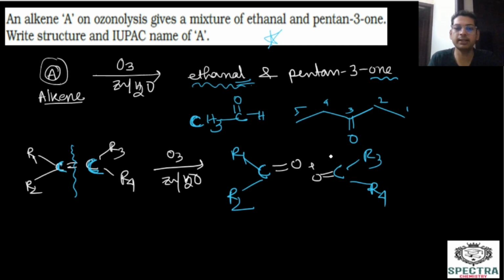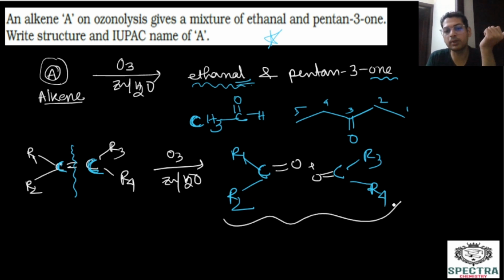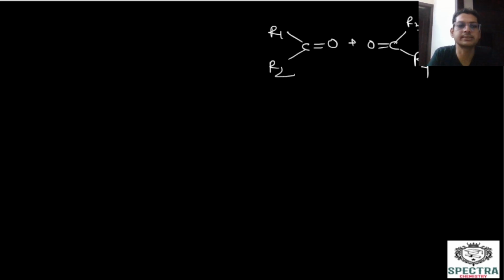But sir, here the question is a reverse one, the opposite one. They have given you the products and you have to find the reactant. So it's even easier. Suppose two products are given: R1, R2 C double bond O, and R3, R4 C double bond O. You have to write the products face to face, with their oxygens facing each other.